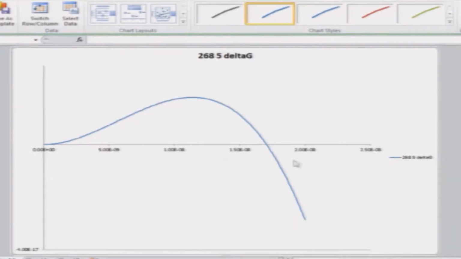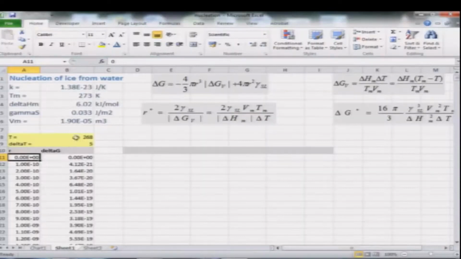So, these numbers on the x axis are the size of the nucleus, which is the meters, and on the y axis you have delta G. So, somewhere out here you will have the peak, and somewhere here you will have a size of the critical nucleus.